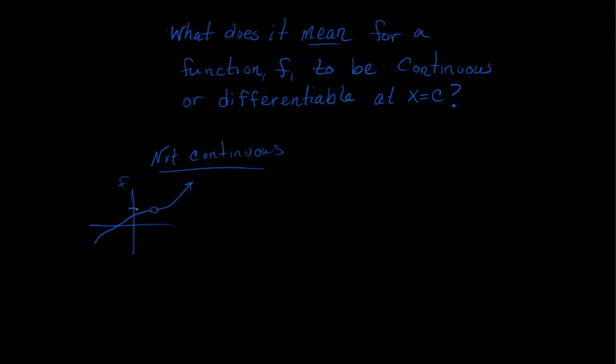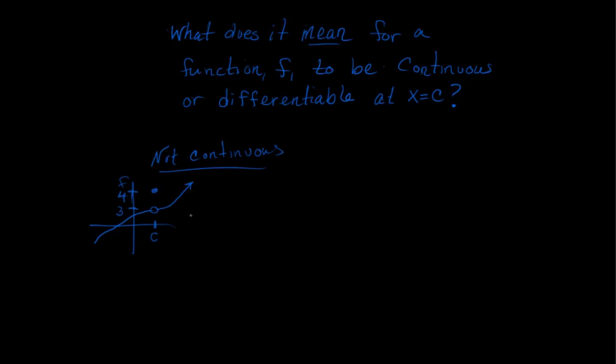Maybe right here we'll put in a value on the y-axis, and here we'll call this place on the x-axis c. And we can even give the function a value at x equals c. We can say that this is 4.